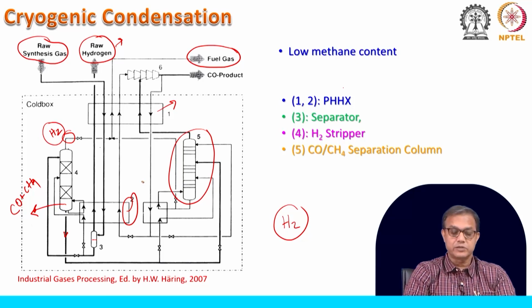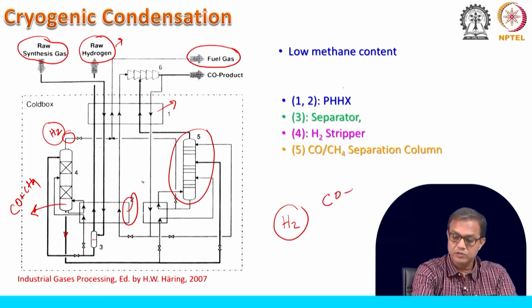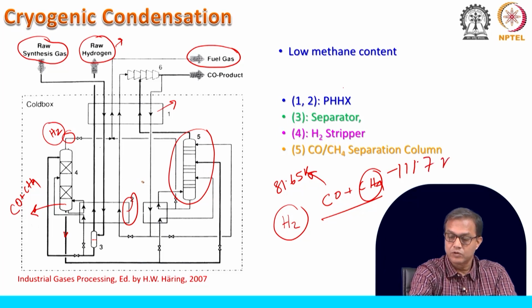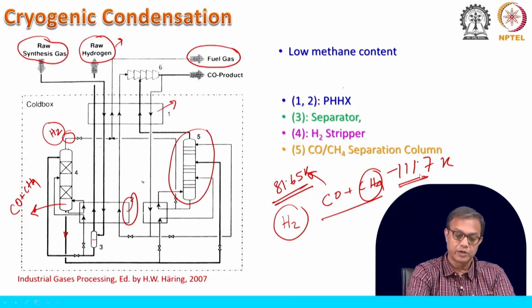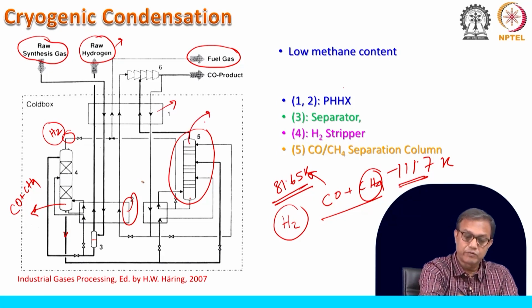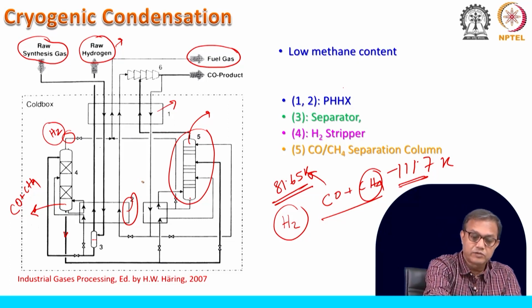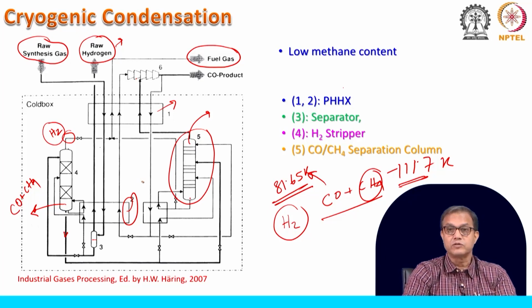As we understand, if we have a CO plus CH4 mixture, then the CO boiling point is 81.65 K, as we have understood, and CH4 is 111.7 K. So, this is the lower boiling point component, and this is the higher boiling point component. The higher boiling point component will be at the bottom of the column, as we have learned earlier, and the lower boiling point component will be on the top. So, from here we will have the CO part, and this CO will be going back as a product.